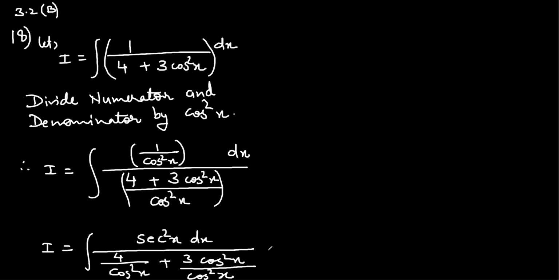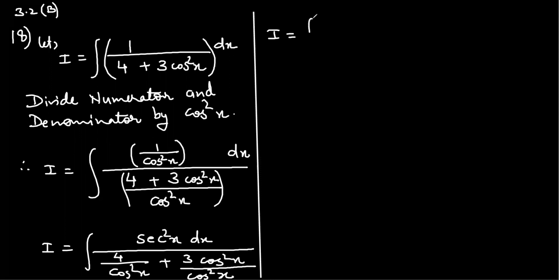So what will I get in the denominator? I shall now be getting I equals sec square x dx, and here I get 4 sec square x plus 3.